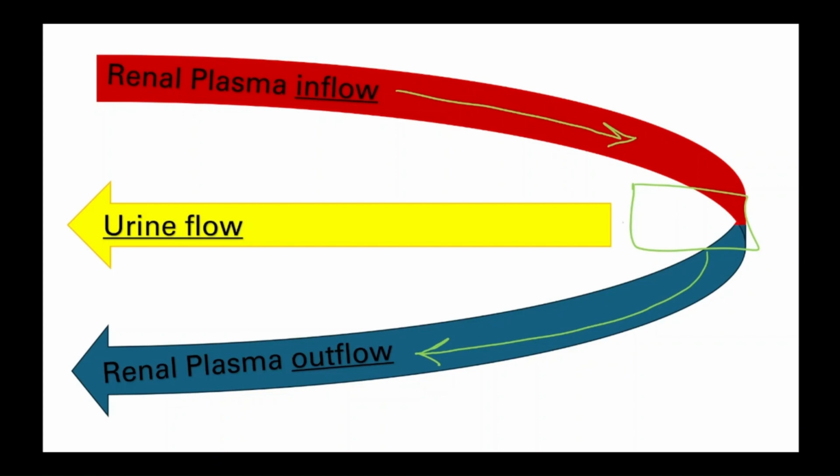At the same time, we will have the urine flow through which the filtered or excreted substances are being excreted out of the body. So we have the plasma inflow, we have the plasma outflow, and we have the urine flow.